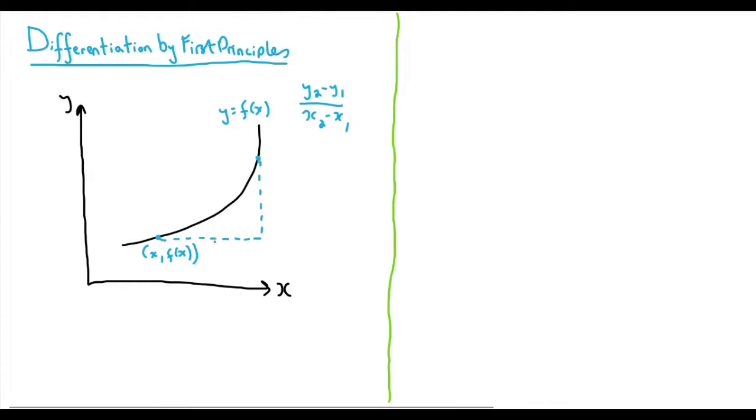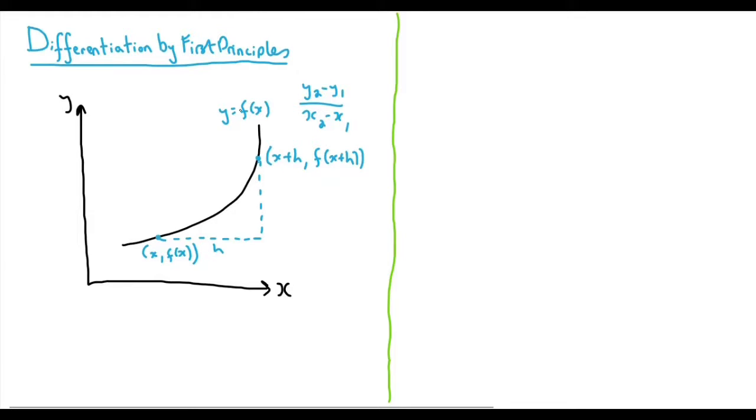And I'll label this base, this difference in the x, h. Therefore, this x coordinate up here is going to be x plus h, because starting at x, now we've gone h to the right. The y coordinate, therefore, is f(x plus h).